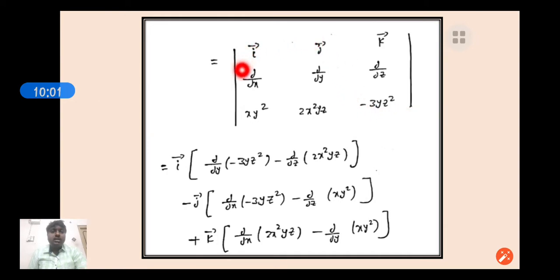Now I am calculating the determinant along the first row.